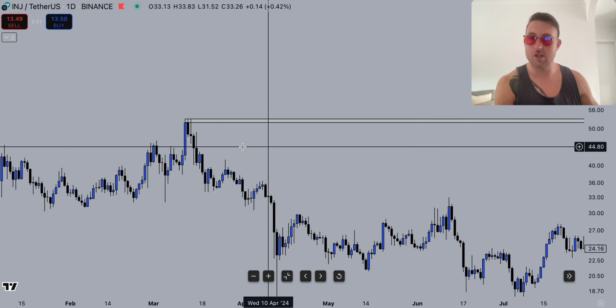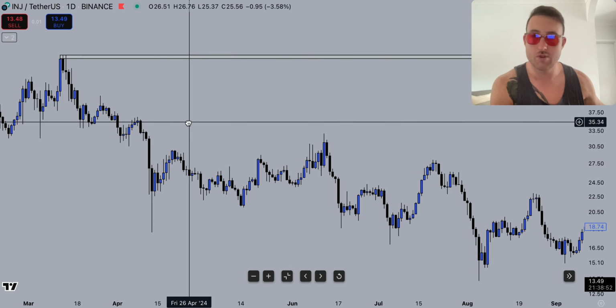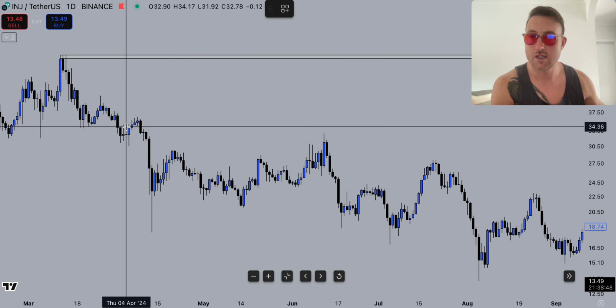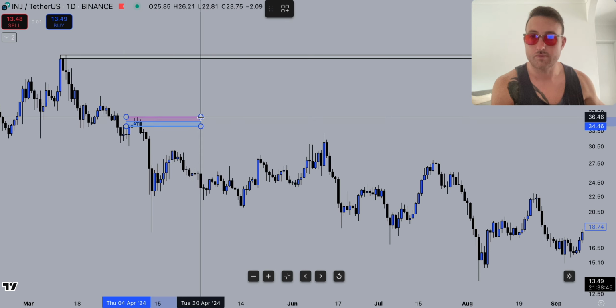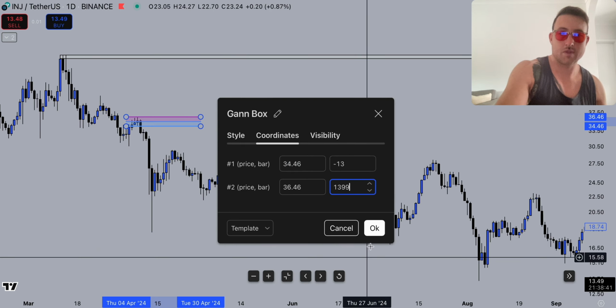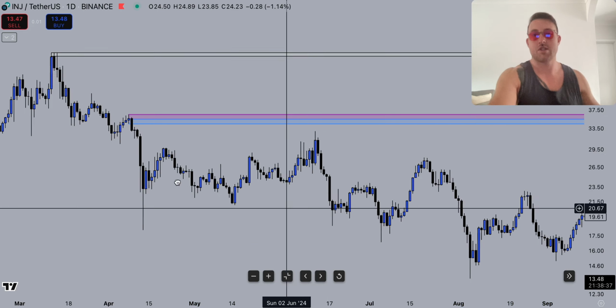We know that we have an imbalance that needs to be filled at the top of the range here, which hasn't been mitigated yet. That would be our target in the near term for Injective. This is where we want to get to.